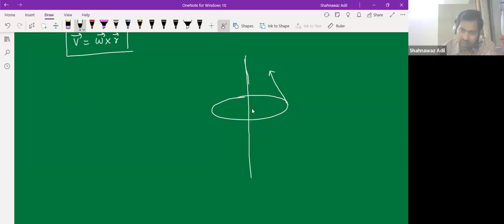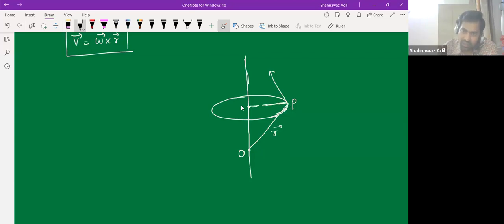And then I have this position vector r of this object. This is my position. This is my r. Let me write it as O. This is P. And this point is the center, right?